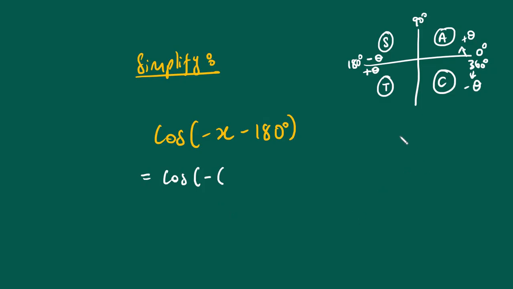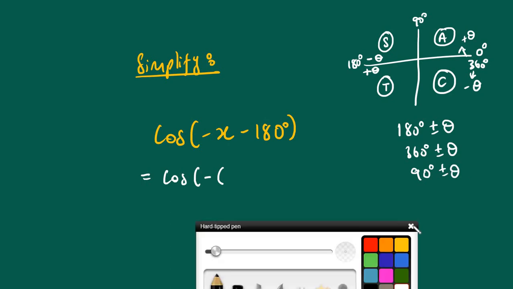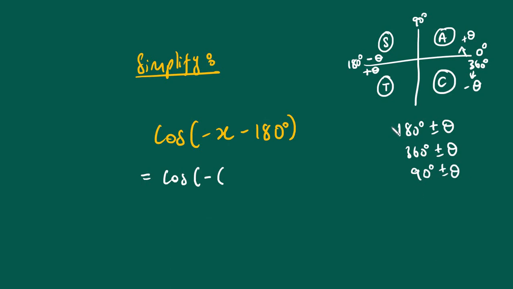Remember, we only work with 180 degrees plus or minus theta, 360 degrees plus or minus theta, 90 degrees plus or minus theta. What you can notice is that all of them start with a positive number.